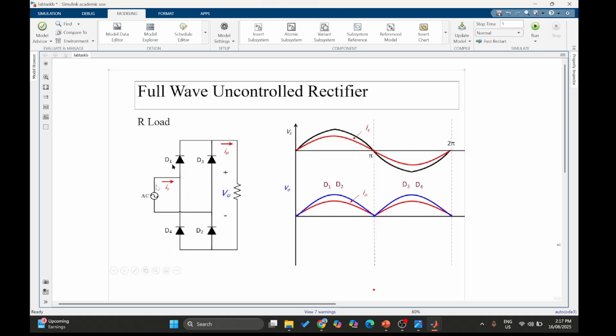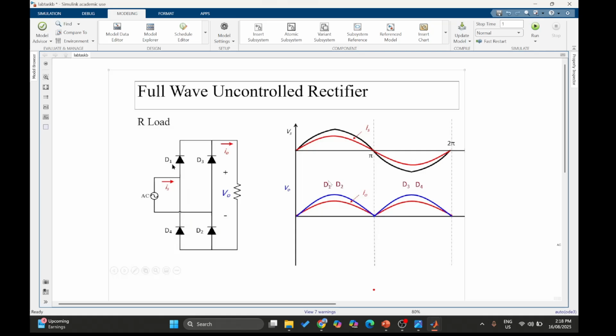In the negative half cycle, diode 3 and diode 4 are forward biased, and diode 1 and diode 2 are reverse biased. Therefore, the current from the source will start from diode 3, then flow to the load and return back through diode 4 and back to the source.